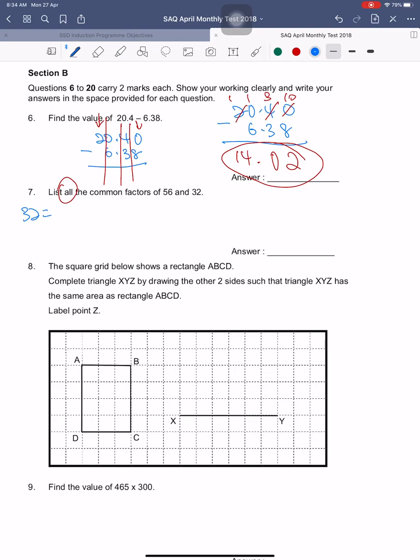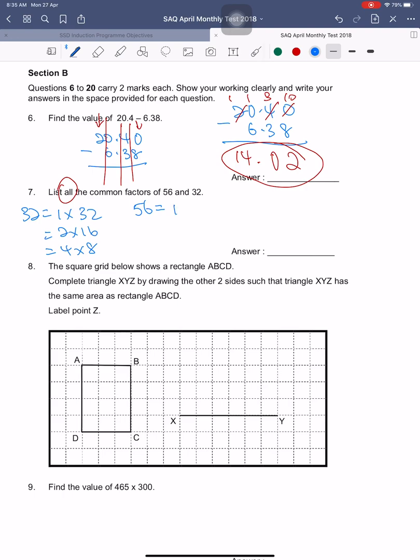Like what I told you, start with 1 first. Factors can be 1 times 32, 2 times 16, 3 cannot, 4 times 8, 5 no, 6 no, 7 no, 8 times 4. You're repeating, since 4 times 8 is the same, so you stop. You stop once you realize that your factors are repeating themselves.